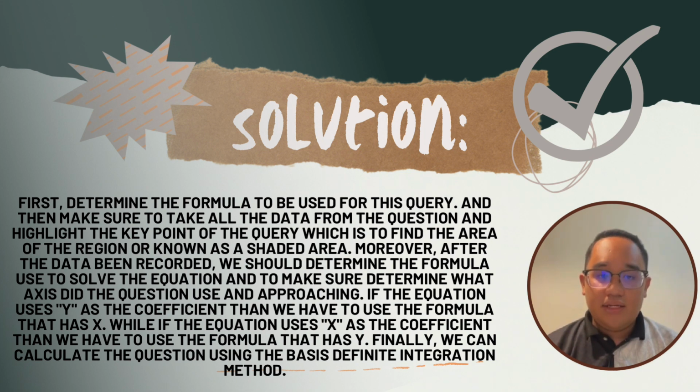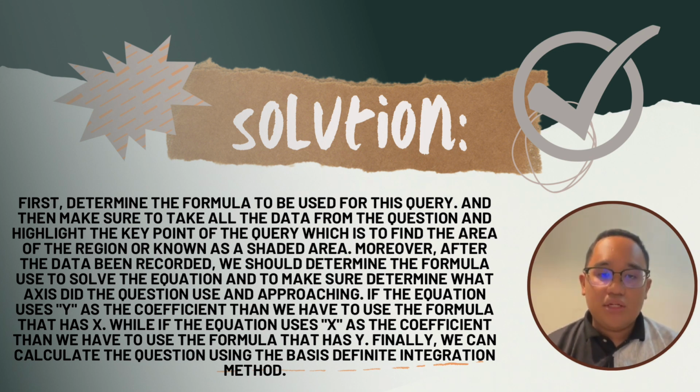and highlight the key point of the query, which is to find the area of the region, also known as the shaded area. After the data has been recorded, we should determine the formula used to solve the equation. To make sure, determine what axis the equation is used in approaching.